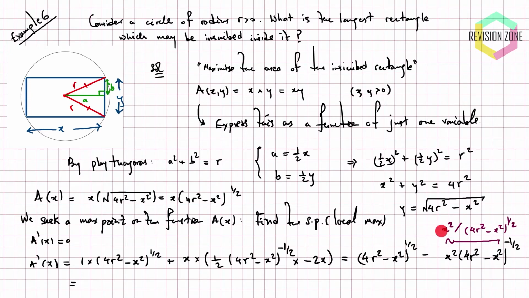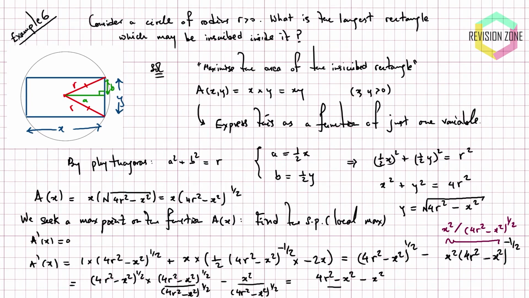So we can combine this term and this term with a common denominator, and we end up with (4r squared take away x squared) to the half times (4r squared take away x squared) to the half over (4r squared take away x squared) to the half, take away x squared over (4r squared take away x squared) to the half, and now we have just 4r squared take away x squared all over (4r squared take away x squared) to the half, which is nothing other than 4r squared take away 2x squared all over (4r squared take away x squared) to the half.